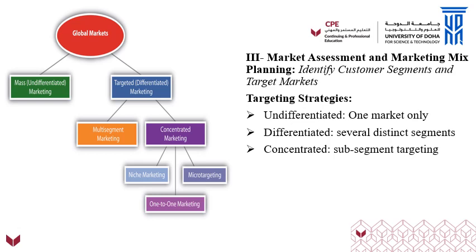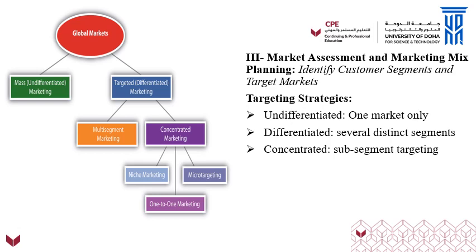Now, if you really want to reach all the segments, then it's better for you to apply a differentiated targeting strategy. So that for each market segment, if you believe that that segment, the empty nester, for example, is going to be your targeted market, what best marketing offer, what best product, what best way of communication, what best way of distribution should I be using with this segment?